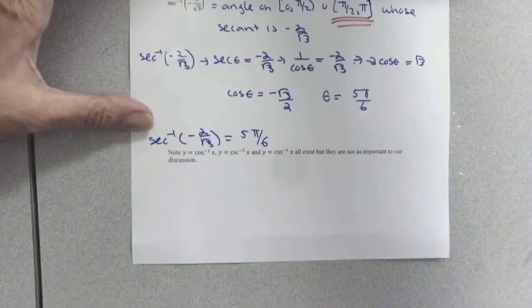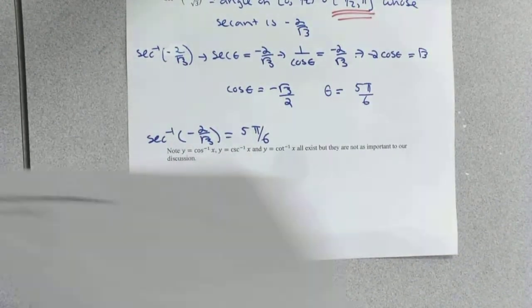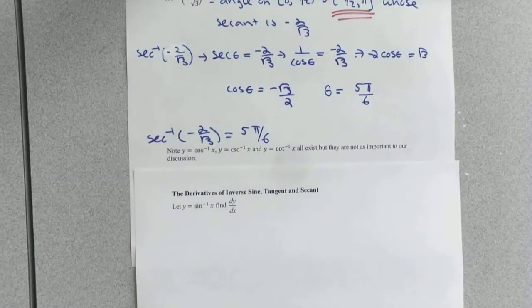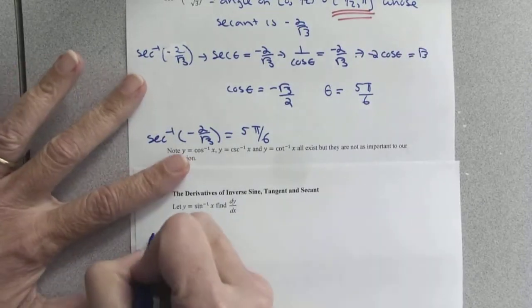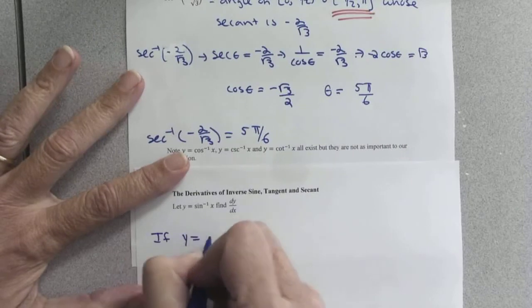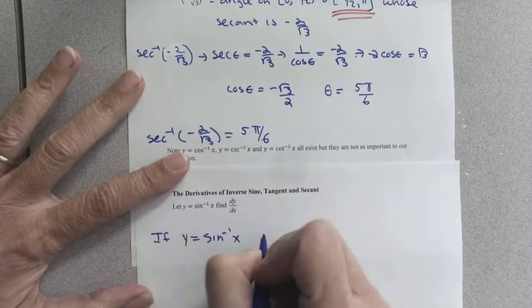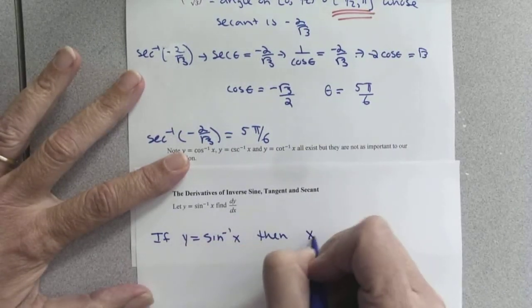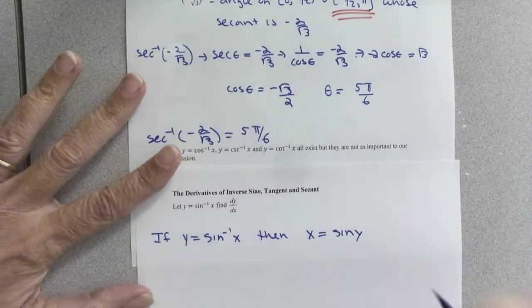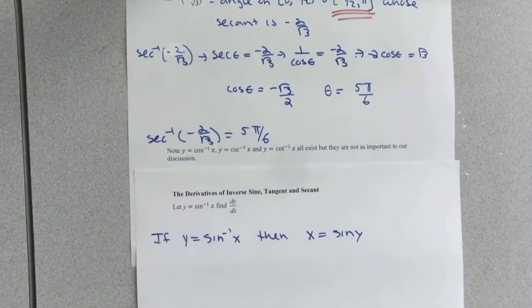And so the first thing we're going to do calculus-wise is get the derivative of sine inverse. We're going to come up with it in the end, you just have to remember it. But if y equals sine inverse of x, then x equals sine of y, because that's what inverse things do. They turn stuff around.